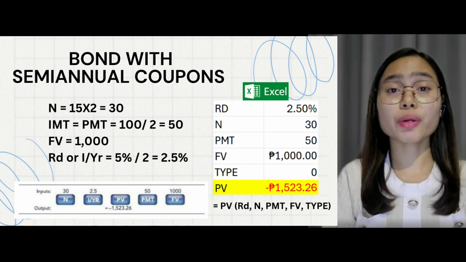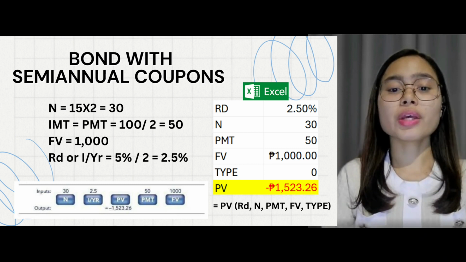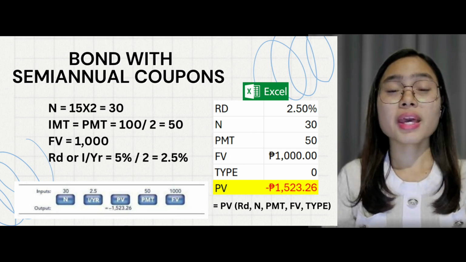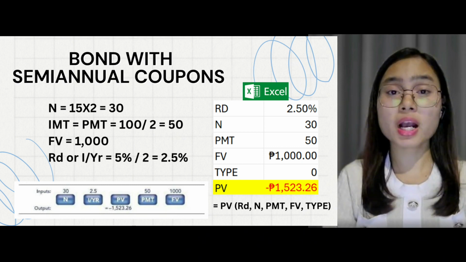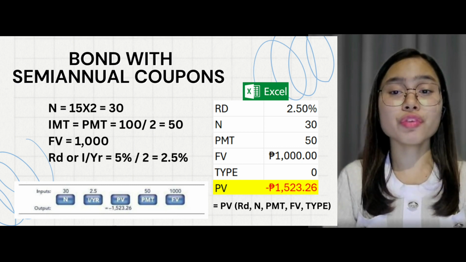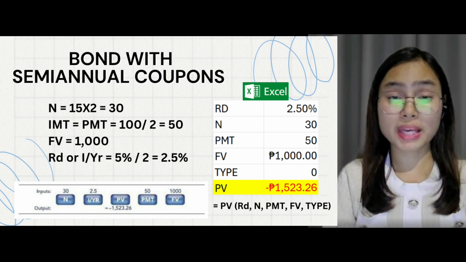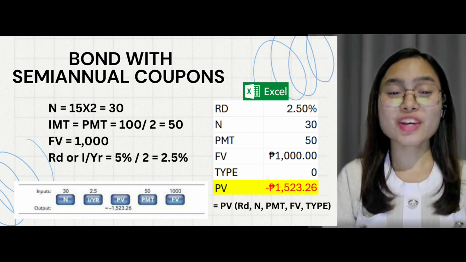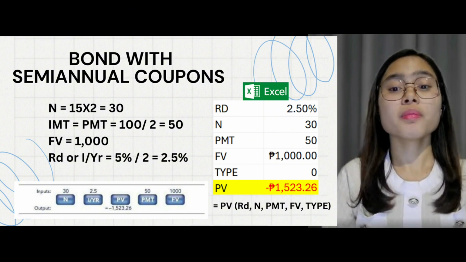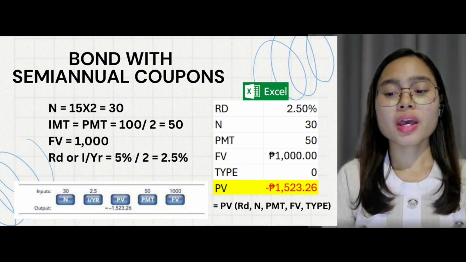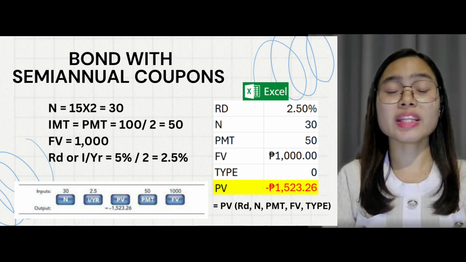But after inputting all the given data that we have, to get the answer, you just need to type equals PV, open parenthesis, rate, comma, N, comma, PMT, comma, FV, comma, type. So again, for the type, you can just put 1 or 0 or even leave it blank. And there you have it. You will get the answer.